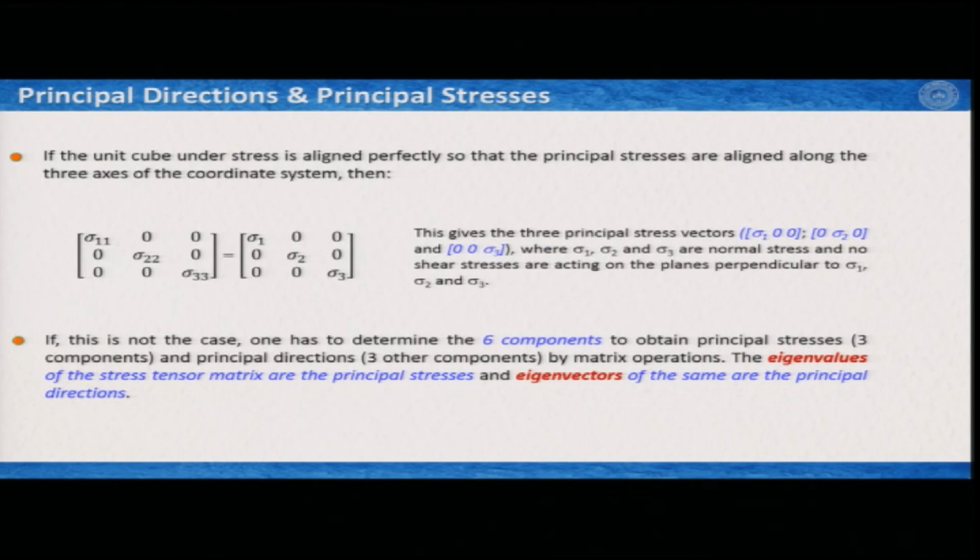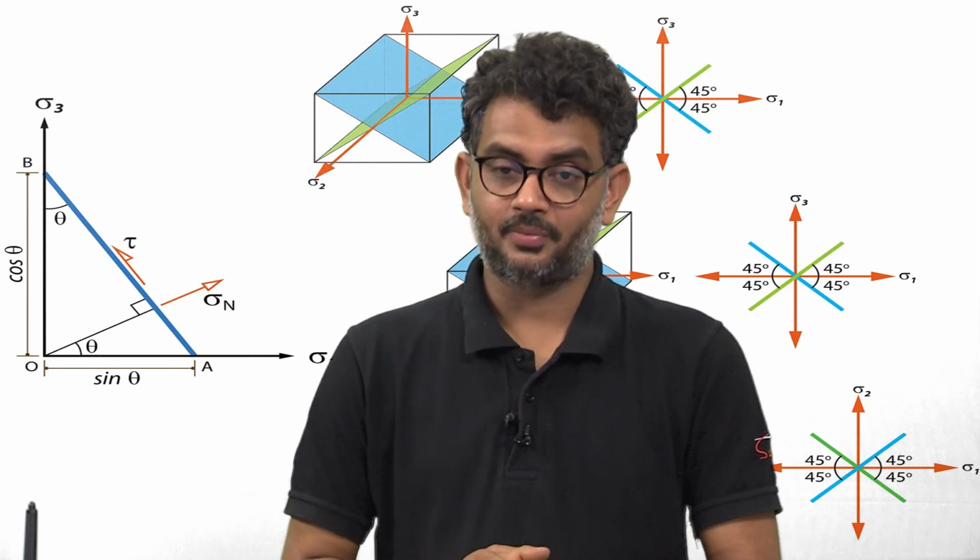Now as we have seen in the previous diagram, sigma 1 1, sigma 2 2 and sigma 3 3 are the normal components aligned along the principal axis of stresses.